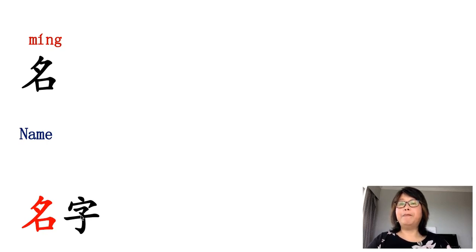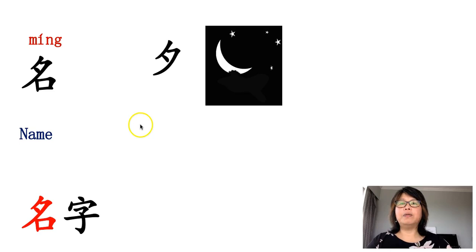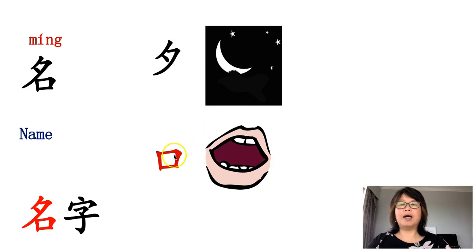This is 名, that means name. So we break this up. On the top, it's like a moon. So when can we see the moon? That's night. So that indicates the night. Underneath is a mouth.